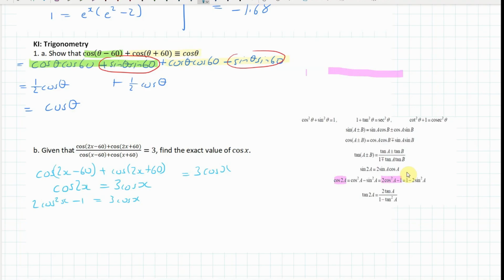I'm going to bring everything across to one side, so I'm now forming a quadratic. And to find out what cosine x is, I can use the quadratic formula.